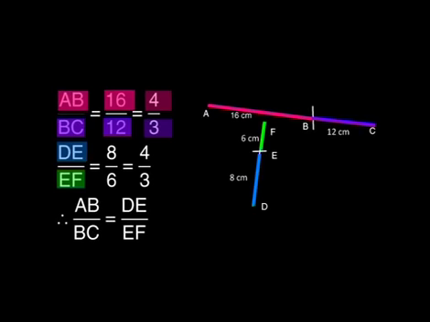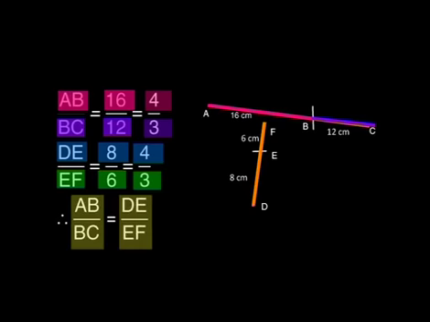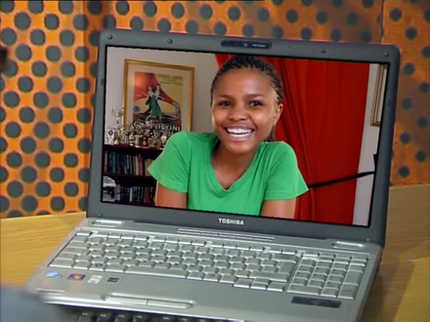DE divided by EF equals 8 divided by 6, which is also 4 divided by 3, which means that AC and DF are both divided in the ratio 4 to 3. So we can say that the line segments are proportional or in proportion. I think I get it now.